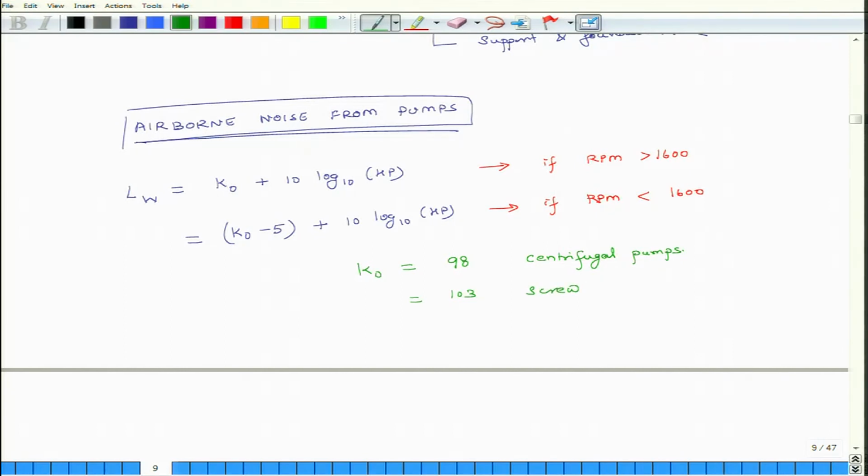So, screw based pumps are noisier compared to centrifugals, and then it is equal to 108 in reciprocating systems. So, it looks like reciprocating pumps are the noisiest. If the power level is the same, we will have least noise from a centrifugal pump, and reciprocating pumps will be the noisiest. And of course, if the RPM is high, then noise becomes higher, and so on. So, this is the relation for LW.